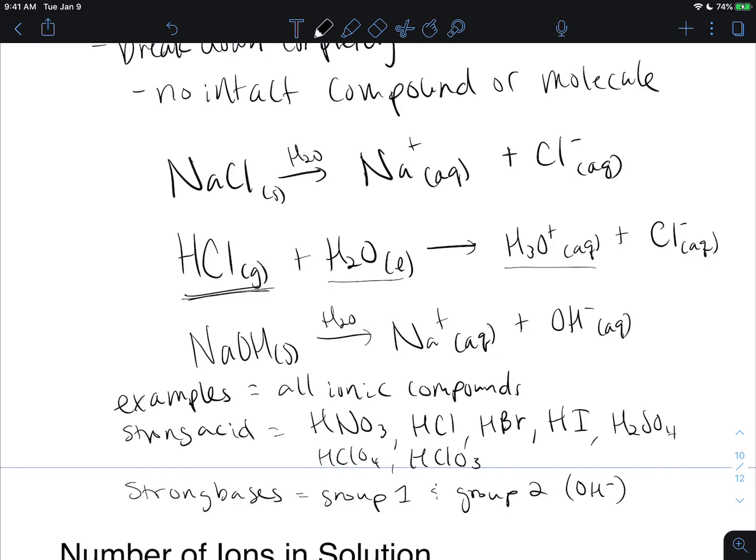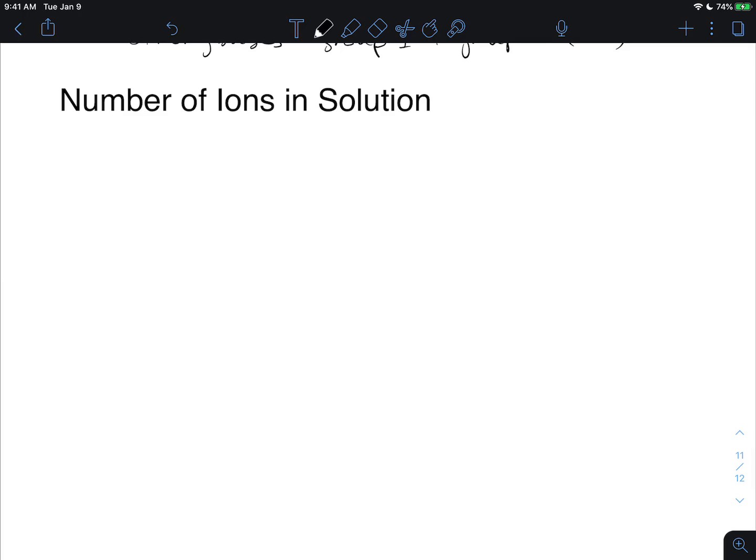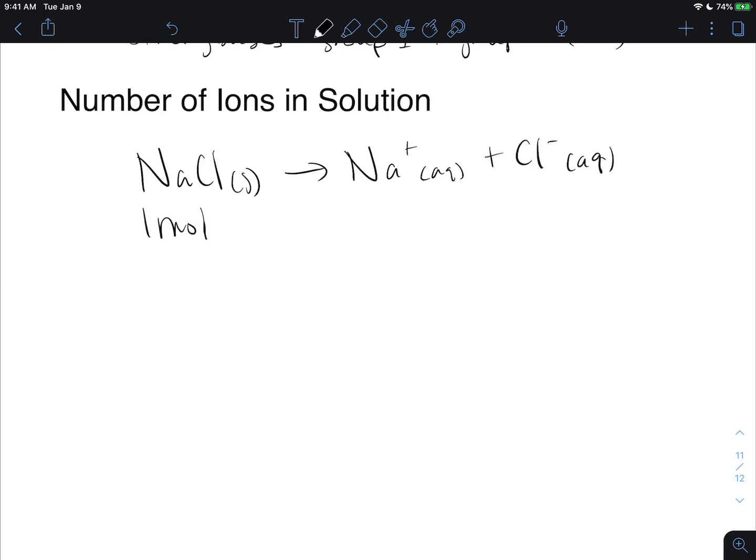Okay, so let's think about what happens in solution with our strong electrolytes. So if we have something like sodium chloride, it's pretty easy. If we start out with 1 mole of this, after we add it into water, we produce 1 mole of this and 1 mole of this.